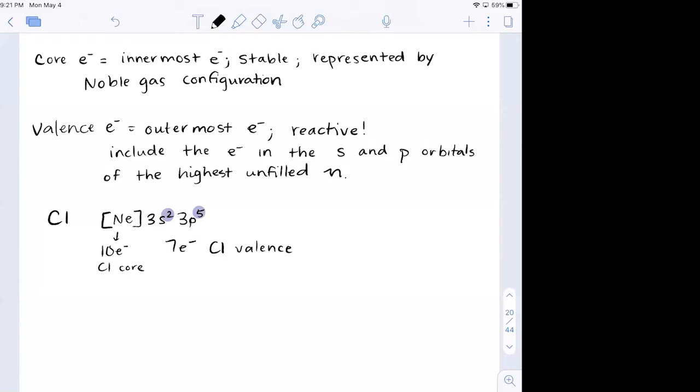Those 10 electrons that chlorine also has with the same electron configuration are core, stable, non-reactive, innermost electrons. The outer electrons are what chlorine can actually play with and do reactions with.